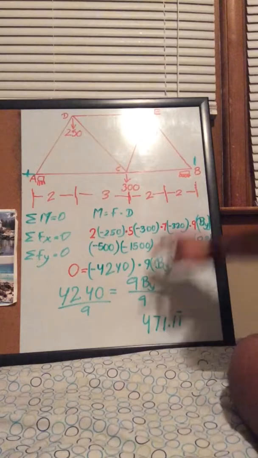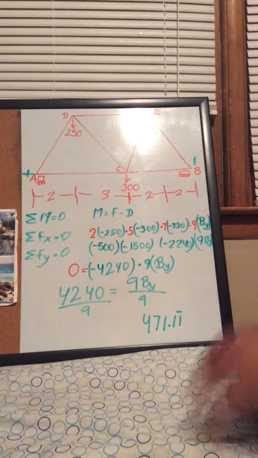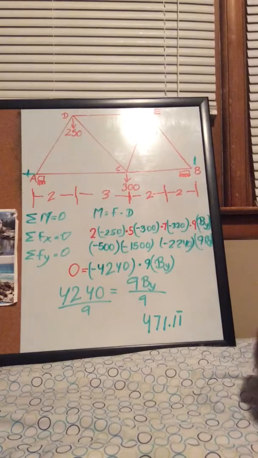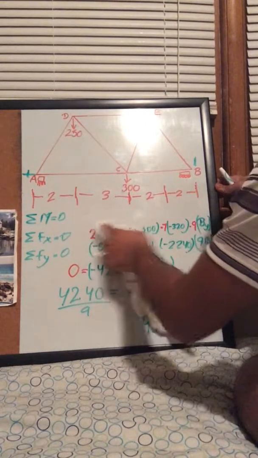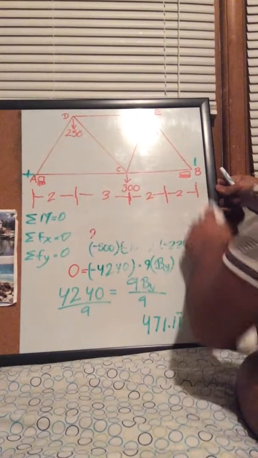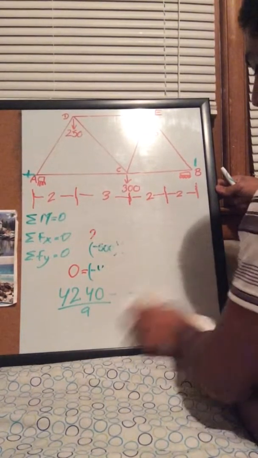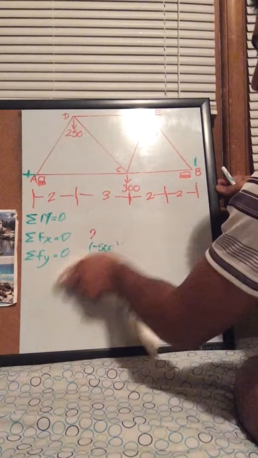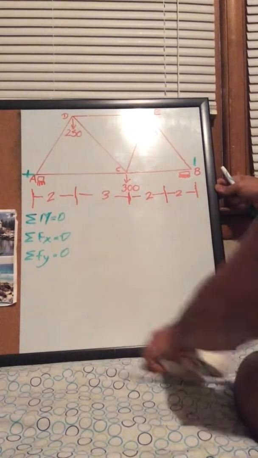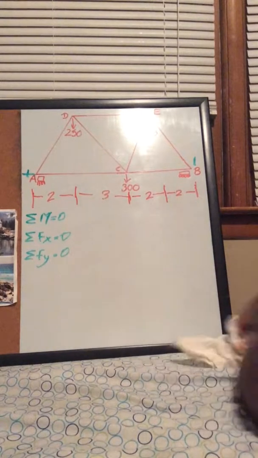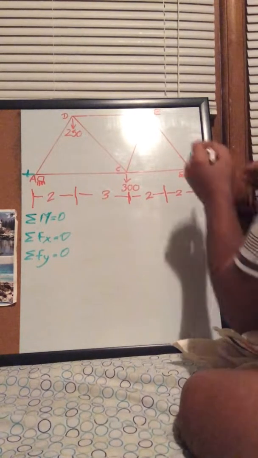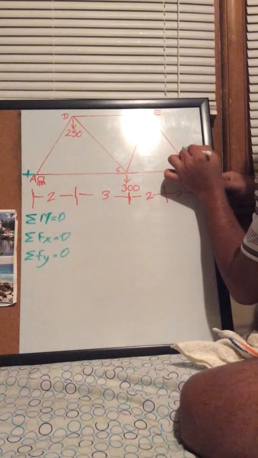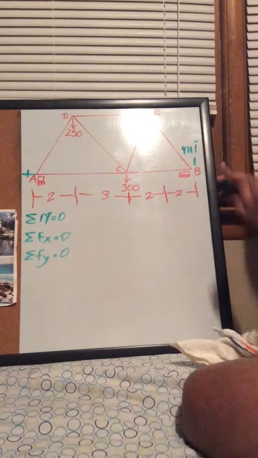So now we know BY, that one is 471. Okay, now I'm going to erase it. So 471 is the B. So we can just write 471.1, repeating.